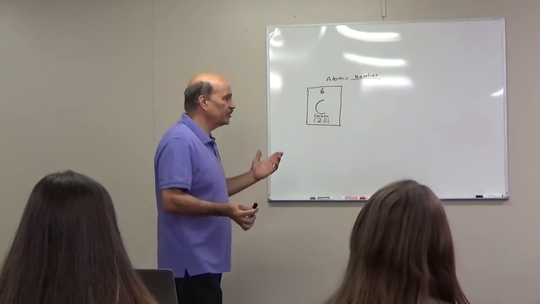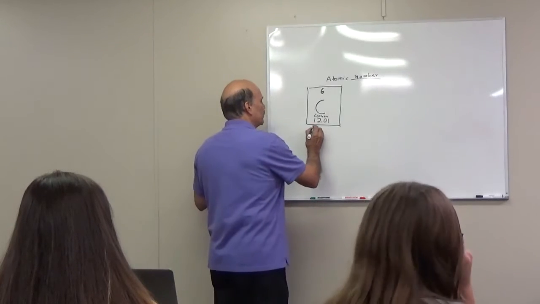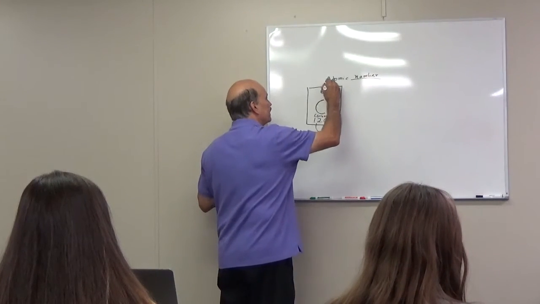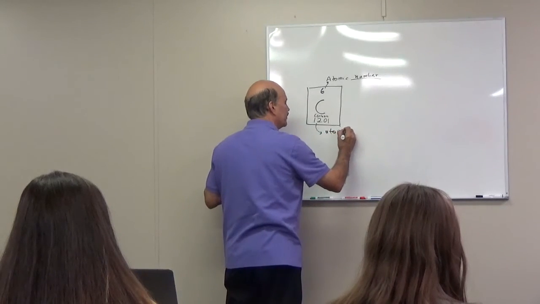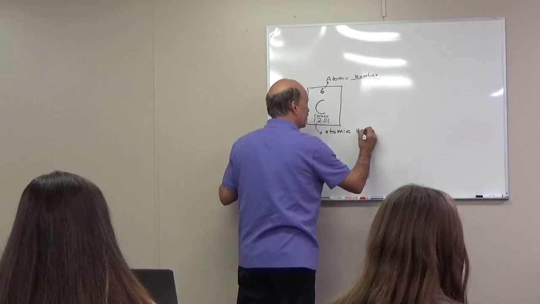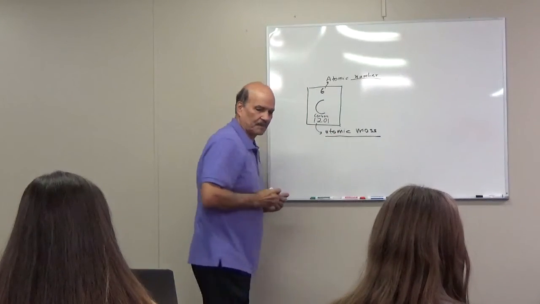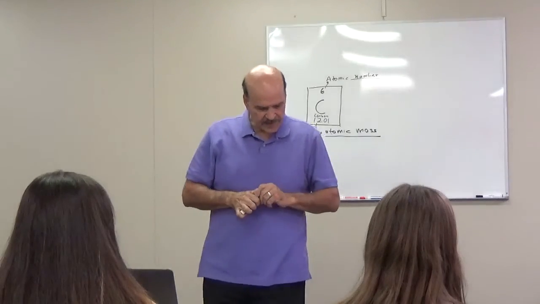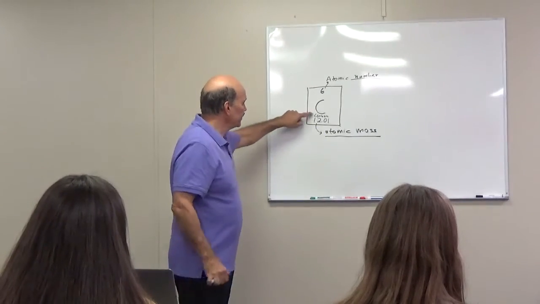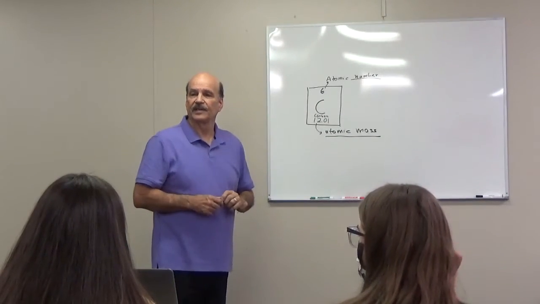If it's oxygen, it always has 8 protons. It's atomic number 8. And this is called atomic mass, sometimes referred to as atomic weight. That's the size of the nucleus. This is the name of the compound, and that's atomic mass. That's basically all there is to it.